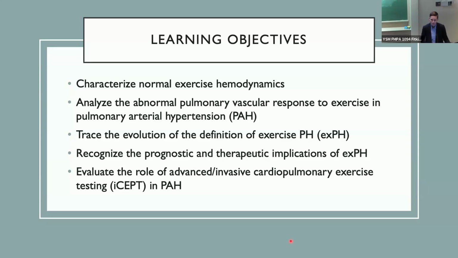So with this in mind, our learning objectives for this talk will be to characterize normal exercise hemodynamics, to analyze the abnormal pulmonary vascular response to exercise and pulmonary arterial hypertension. We'll trace the evolution of the definition of exercise pulmonary hypertension and discuss its prognostic and therapeutic implications. And finally, we'll evaluate the role of advanced or invasive cardiopulmonary exercise testing in a PH patient population specifically.